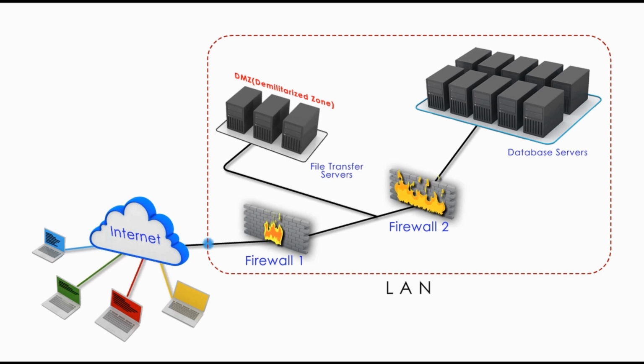The other part is DMZ, which is lightly protected area where the file servers or web servers are hosted. The company wants the public user to access these servers easily and smoothly, like it wants as many public users as possible to access its web pages.